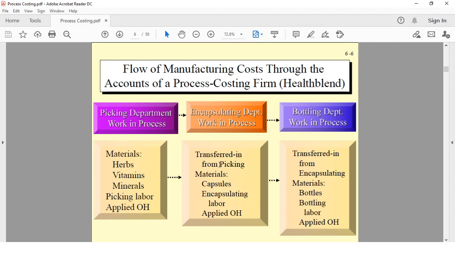Then whatever is finished in the encapsulating department will be transferred to your bottling. So you have here the transferred in from encapsulating. Aside from the transferred cost, you also have the cost incurred in the department itself: the materials, so the bottles, and the labor, and the overhead. Again, the cost is transferred from one department to another, from the work in process of one department to the work in process of another department.